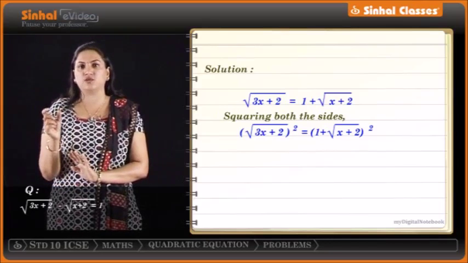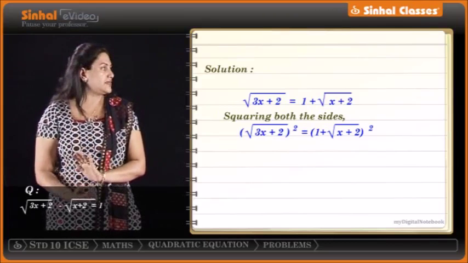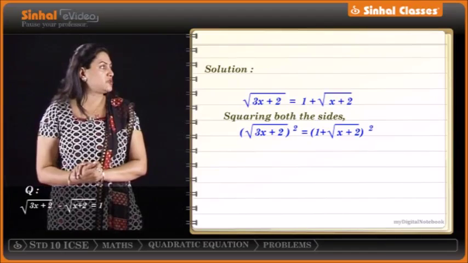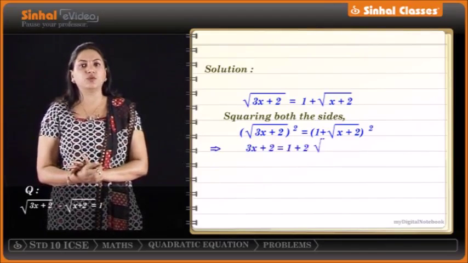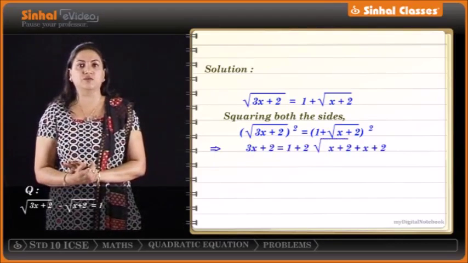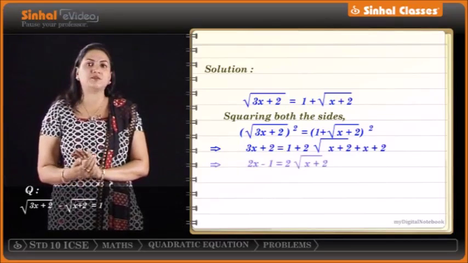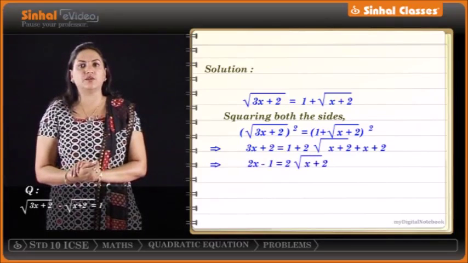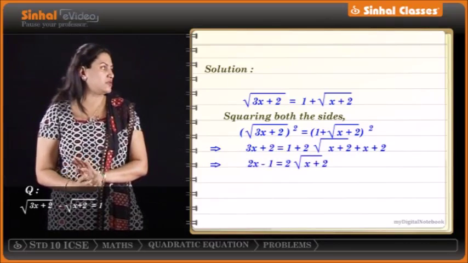That root x plus 2 the whole square gives us x plus 2. So we get 3x plus 2 is equal to 1 plus 2 root x plus 2 plus x plus 2. Now we simplify and get 2x minus 1 is equal to 2 times root x plus 2.